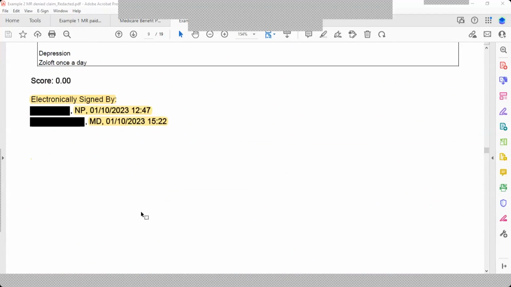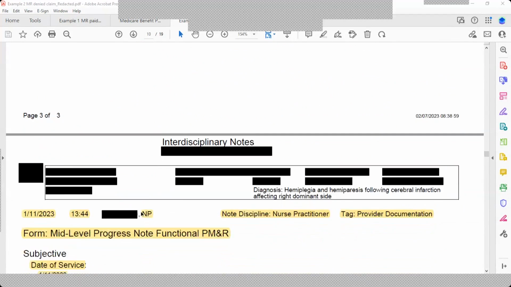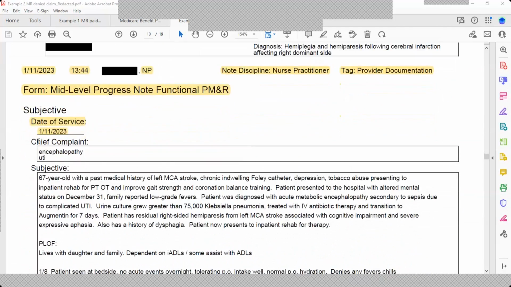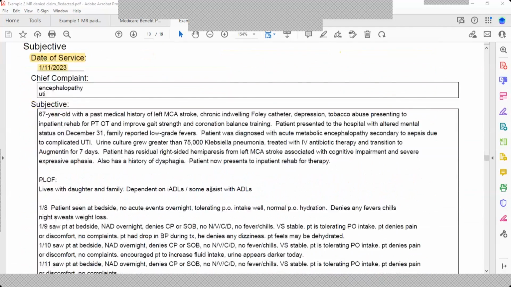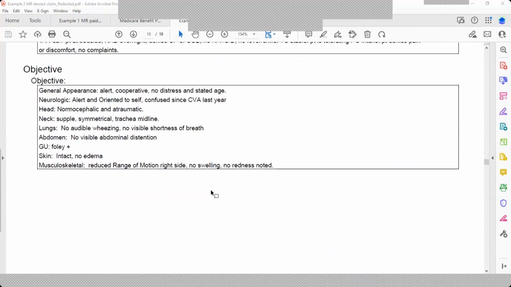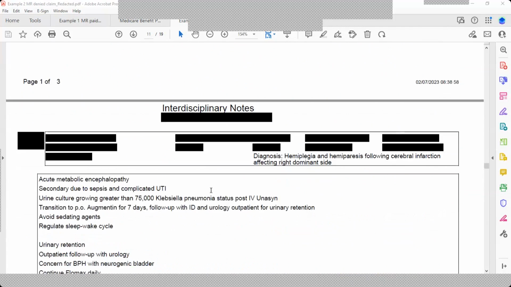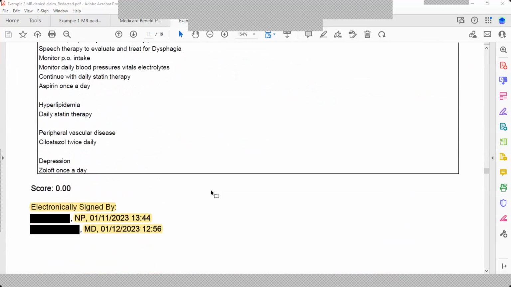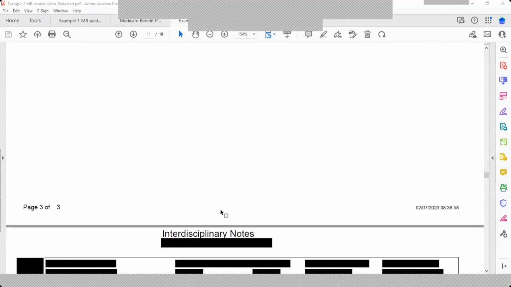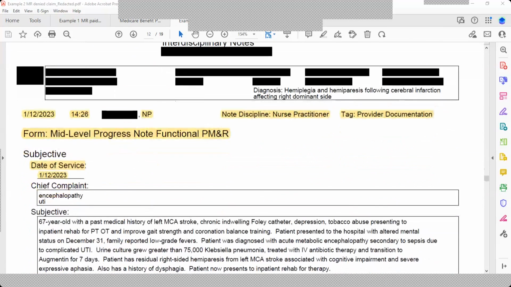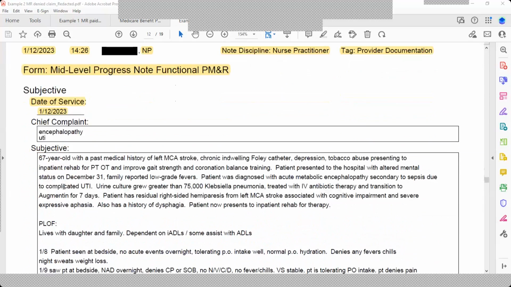Per this next note, the nurse practitioner completed the face-to-face visit on January 11th, and signed the note on January 11th, 2023, and the physician co-signed the note on January 12th, 2023. As we continue to scroll, we can see the nurse practitioner completed face-to-face visits on January 12th, 2023.